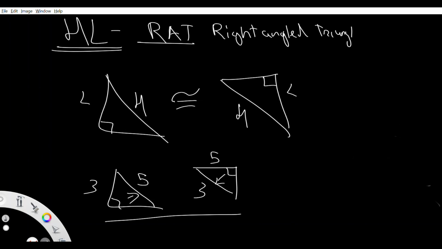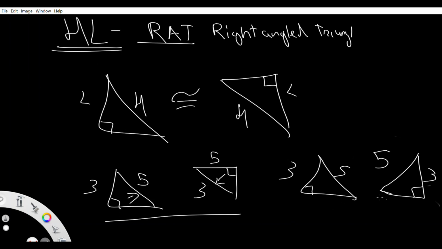You know which is congruent? 3, 5, 5, 3. These two triangles are congruent because the hypotenuse are congruent and one of the side lengths is congruent. So for hypotenuse leg, the hypotenuse should be the same and one of the legs should be the same. Let's go through all 5 quickly.